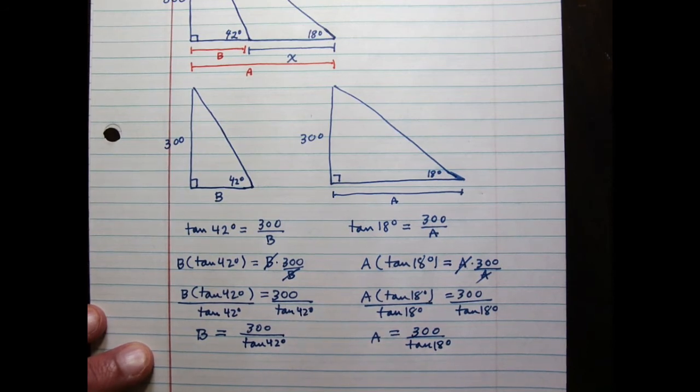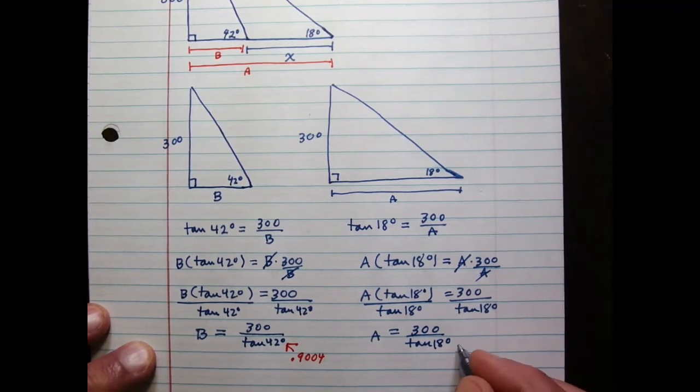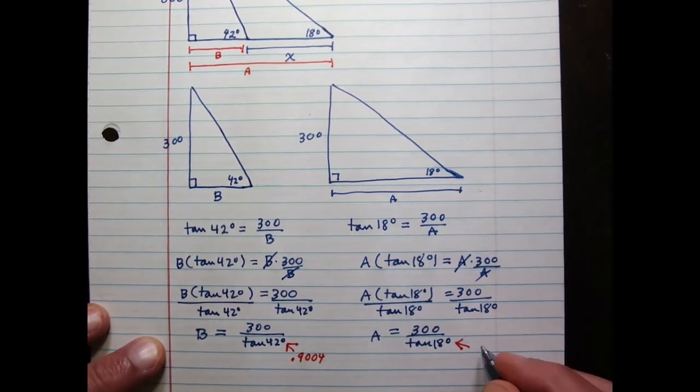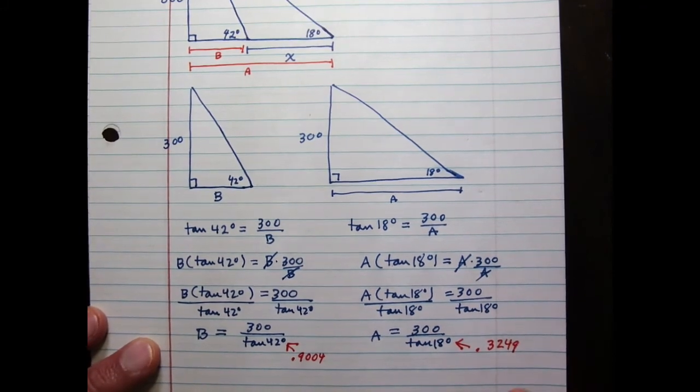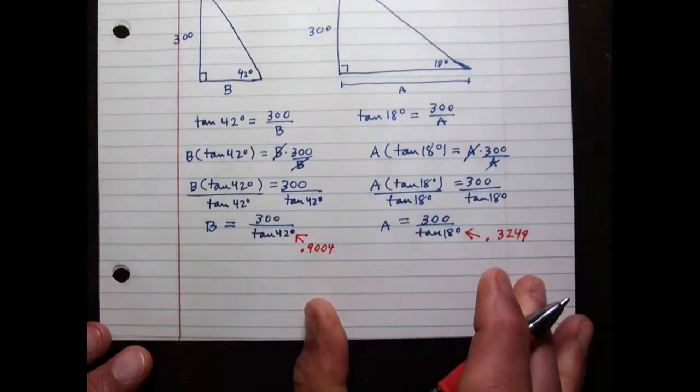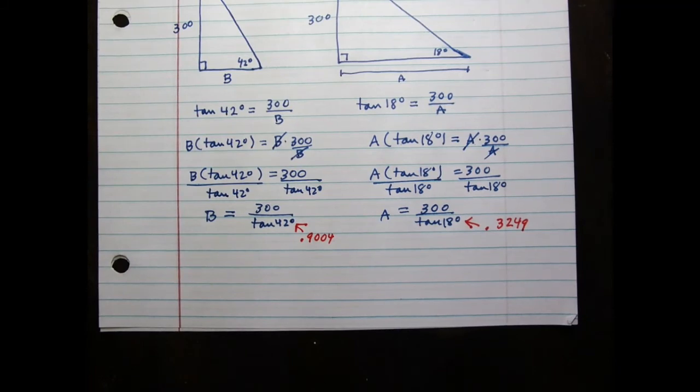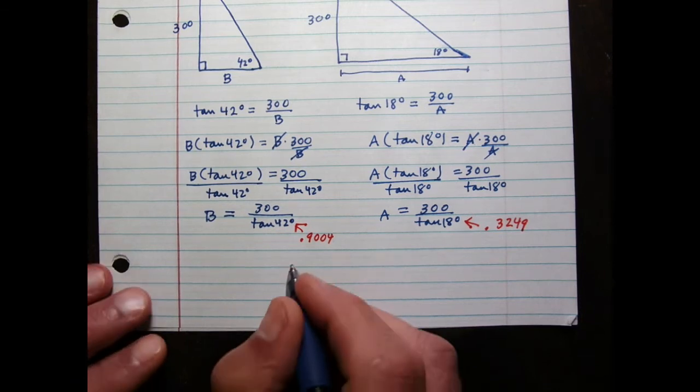My tangent of 42 degrees is about 0.9004 when I round off. Tangent of 18 degrees is about 0.3249, so make sure you're in the correct mode on your calculator, so you're getting the right values.